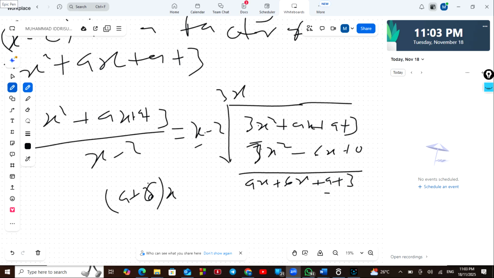So if we divide this by the highest power, which is x here, we have a plus 6. So a plus 6 times x will give us ax plus 6x.